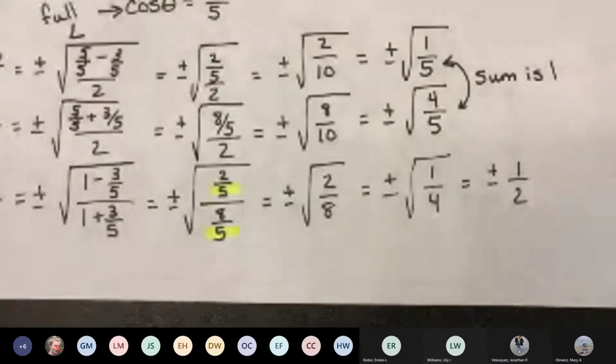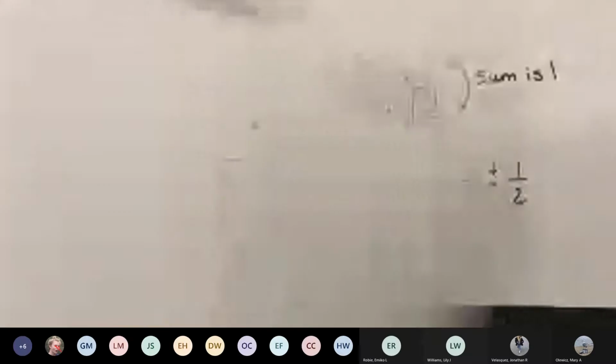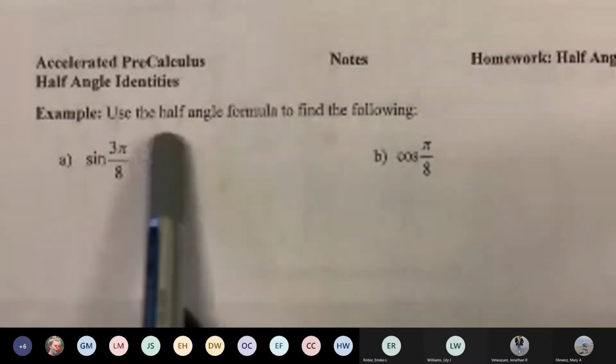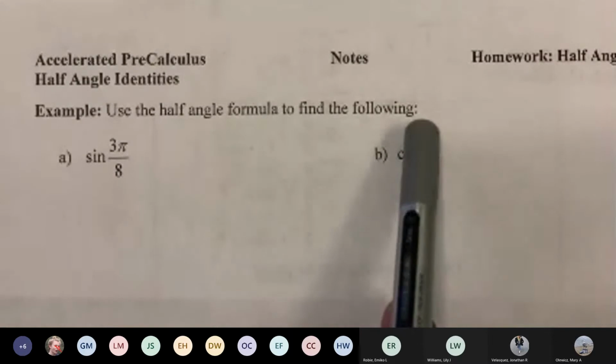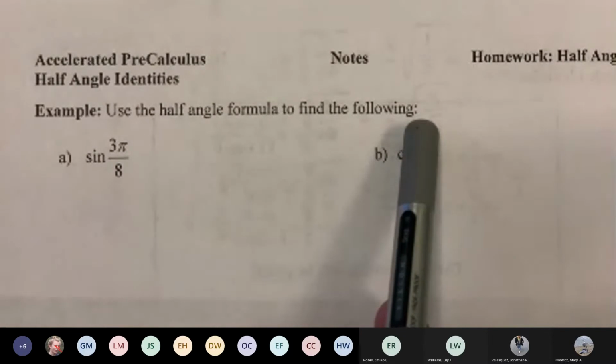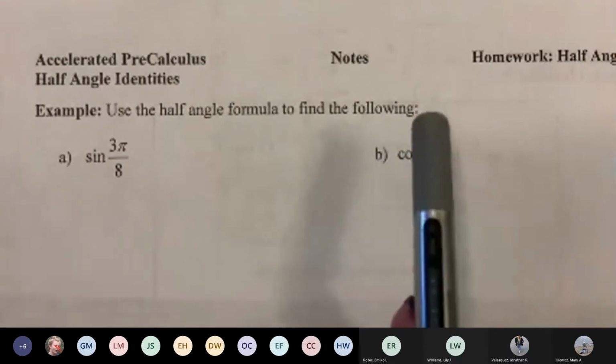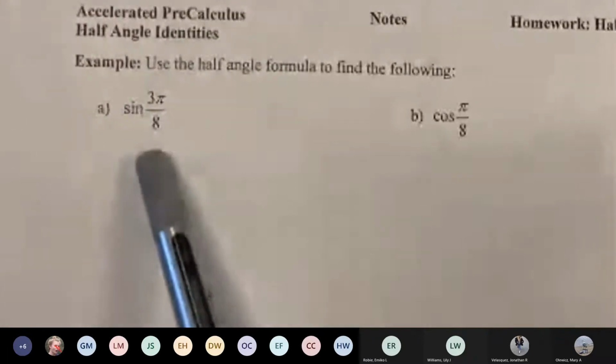Now, this type of problem is a little different, okay? I want you to look at the directions for this. It says use the half angle formula to find the following. Notice it's not asking you to find sine of theta divided by 2 and cosine of theta divided by 2 and tangent of theta divided by 2. It's asking you to just do one thing.